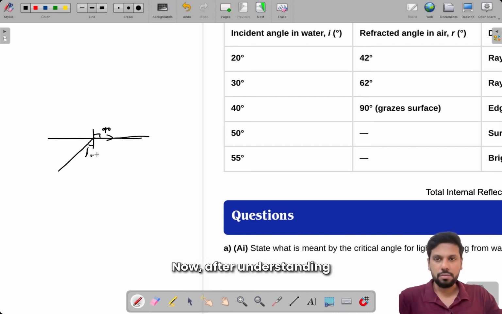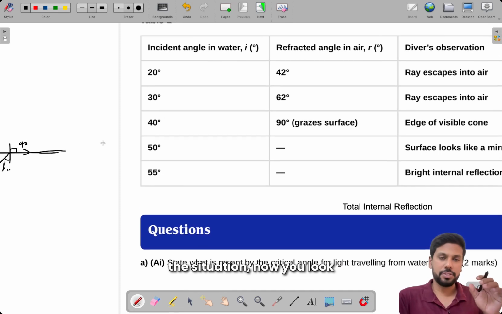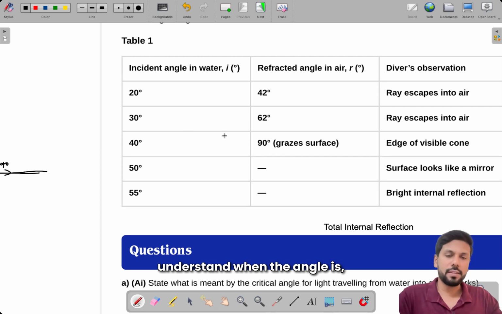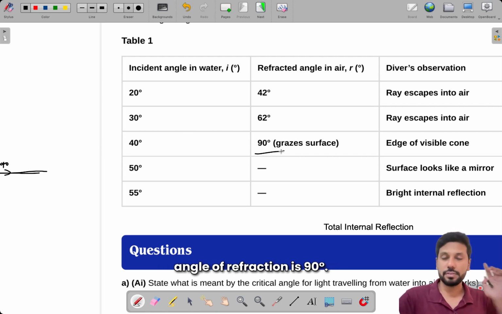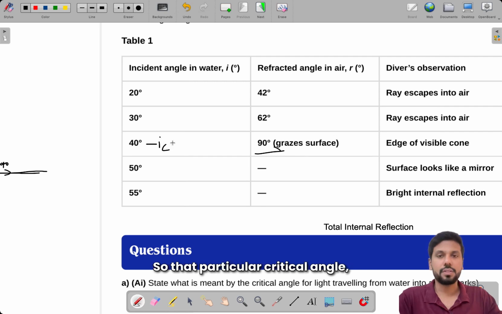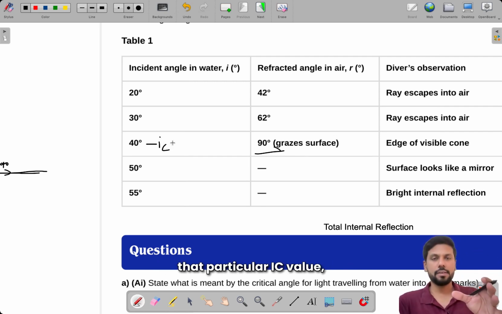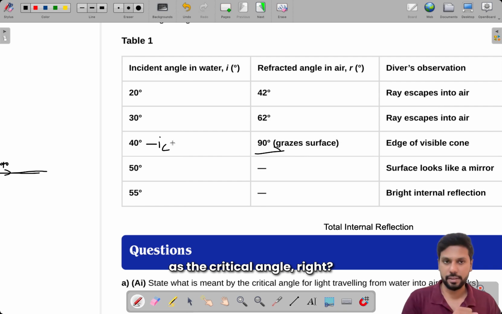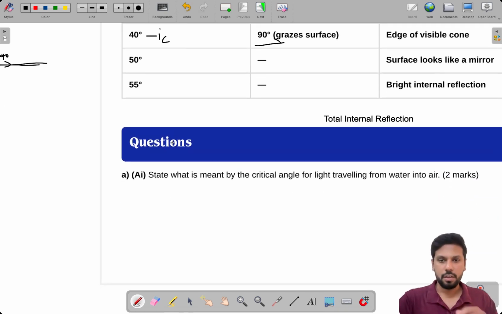Now, after understanding the situation, you look at the table and can clearly see that when the angle of refraction is 90 degrees, that is when I have my IC. That particular incident angle value is known as the critical angle.